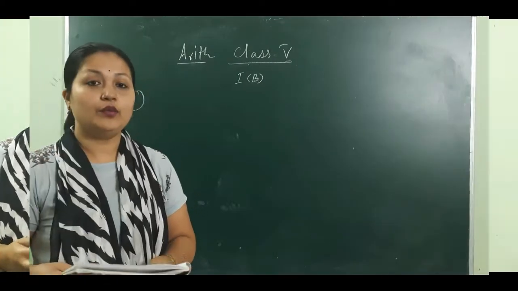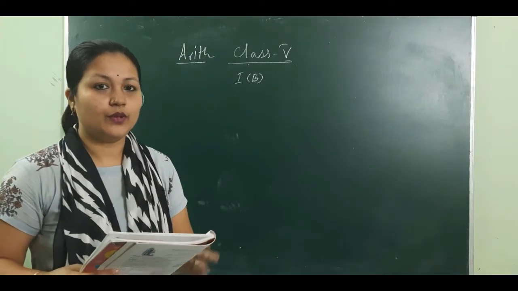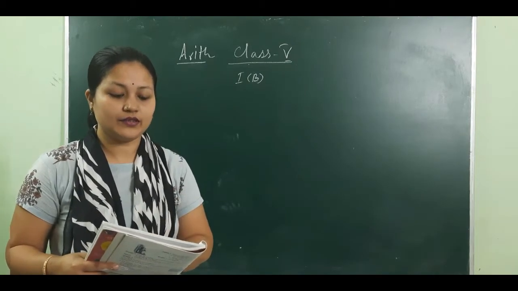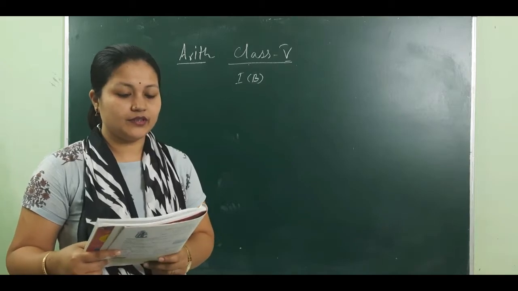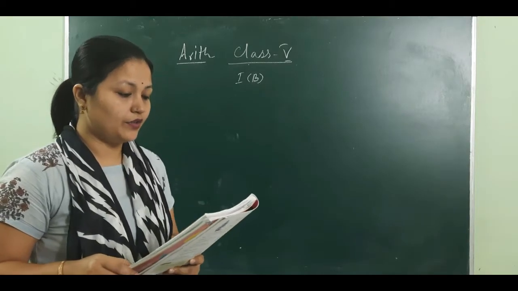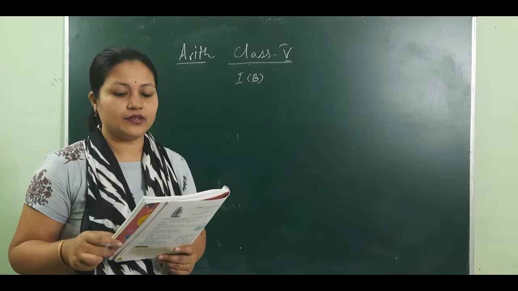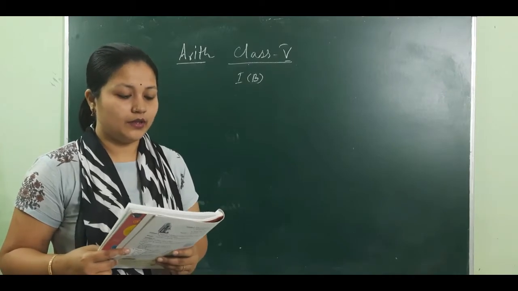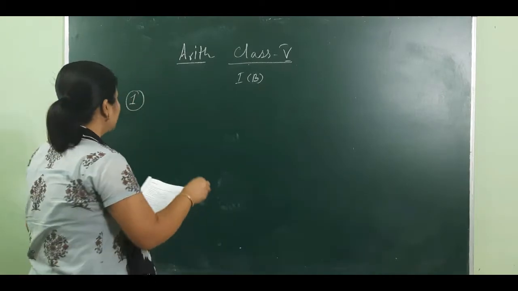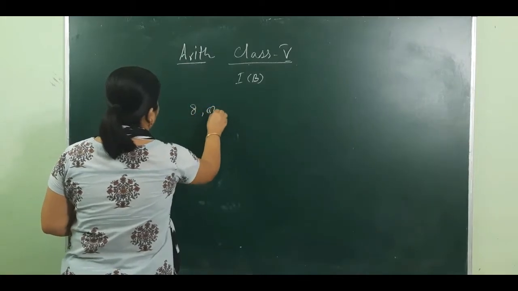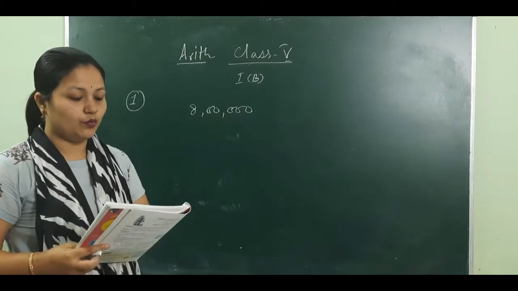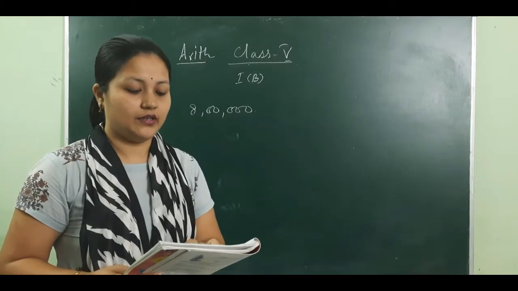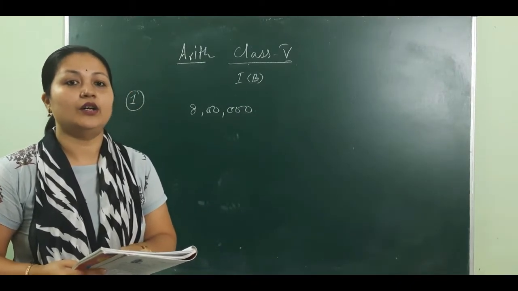Okay, now we will do 1B. 1B we already did in live classes, but I will explain it again. First question: see how many ones, tens, hundreds, thousands, 10,000s and lakhs are there in the number 8 lakh. In 8 lakh, how many ones are there, how many tens, how many hundreds, how many thousands, how many 10,000s.